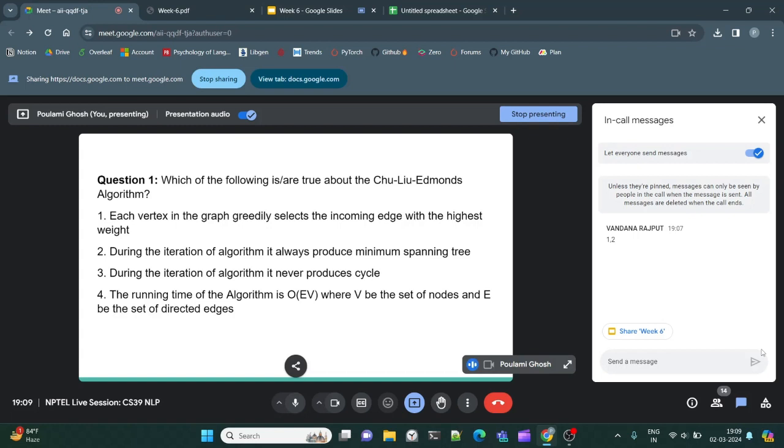Does it always produce a minimum spanning tree? I think so, but I'm not sure. All right. Would anybody else like to add to what Vandana said? Please feel free to unmute yourself and give in your thoughts.